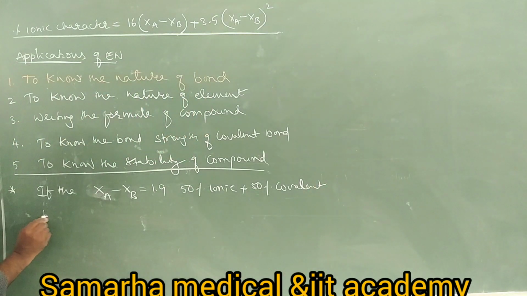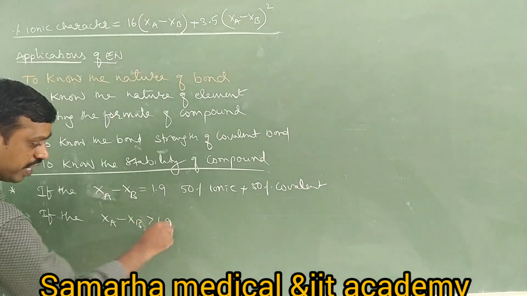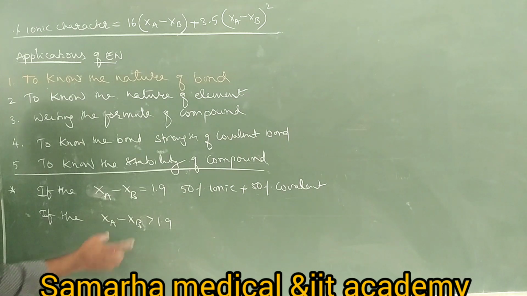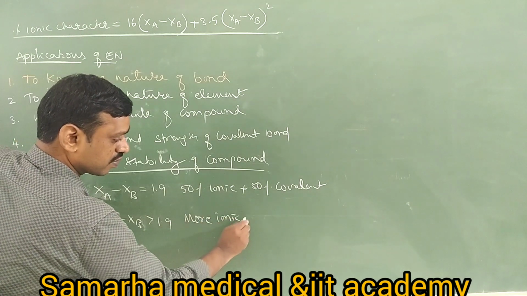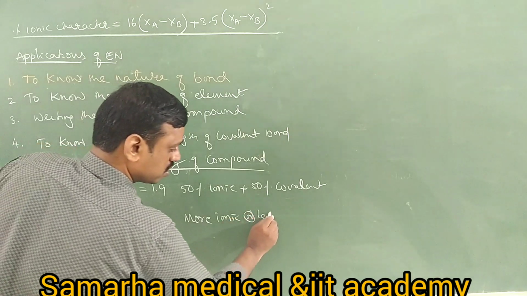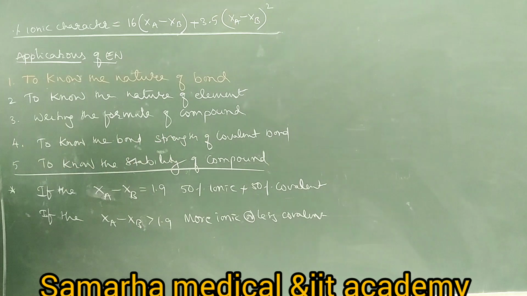Similarly, if XA minus XB is greater than 1.9, the difference is more, so it is more ionic or less covalent. Because the difference in electronegativity is more than 1.9, it should be more ionic, less covalent.